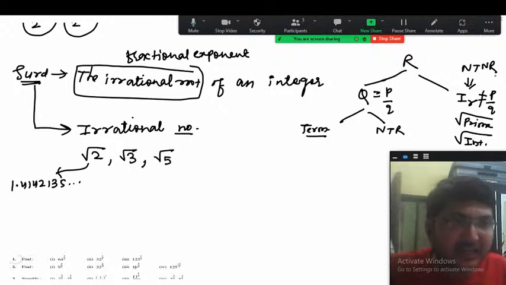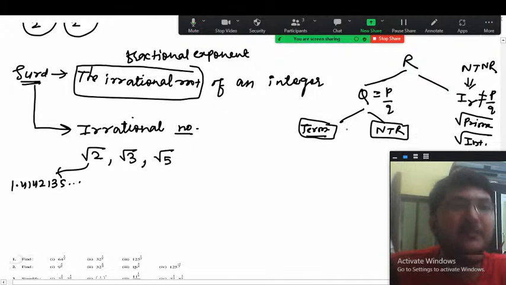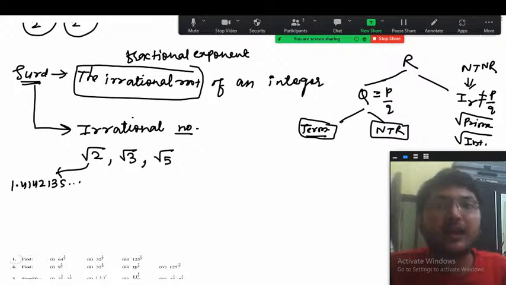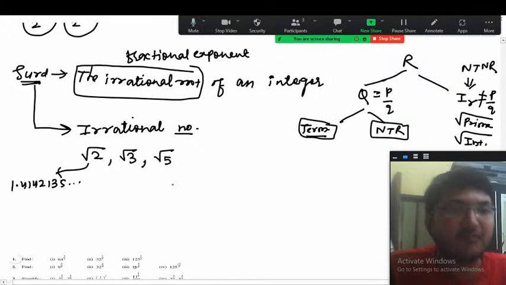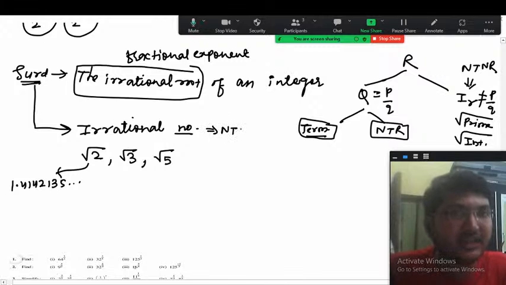They are non-terminating as well as non-repeating. But rational numbers may be either terminating or non-terminating repeating. We have covered this in much detail, and today we are considering exponents with fractional exponent, and here the basic thing is surd, and we conclude that they are irrational numbers, and as they are irrational numbers, they are non-terminating, non-repeating.